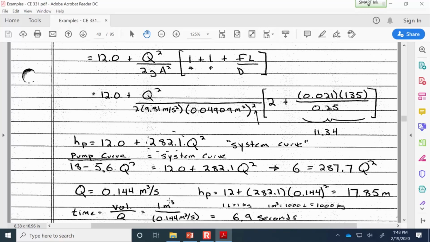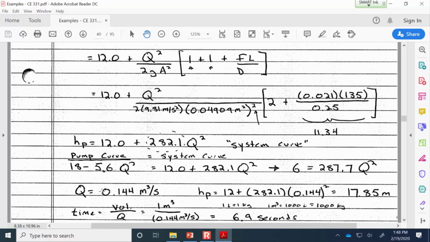So the flow rate should be 1.44 cubic meters per second. And now that I know the operating point in terms of the flow rate, Q, I can calculate the pump head that's required to achieve that flow rate. So you can see here that I calculated what HP corresponds to our flow rate.